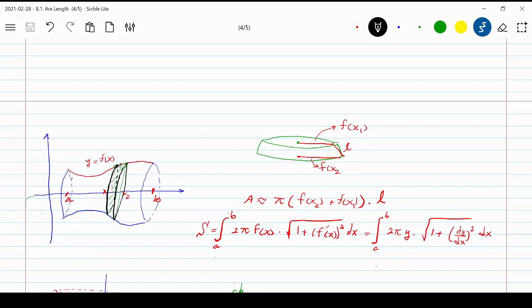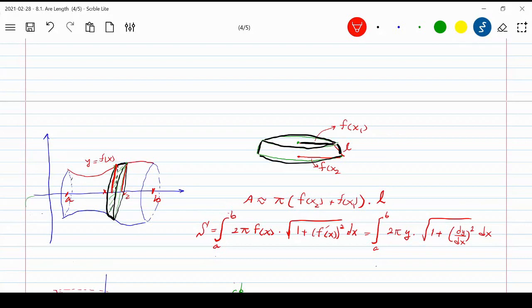So if you consider maybe a section of the graph, maybe this black section, and draw it out here, you notice that you have a shape that is very close to that part of this cone without the upper part. And you would have two radiuses. One corresponds to the y value at that point, and the other corresponds to the y value at the point x2.